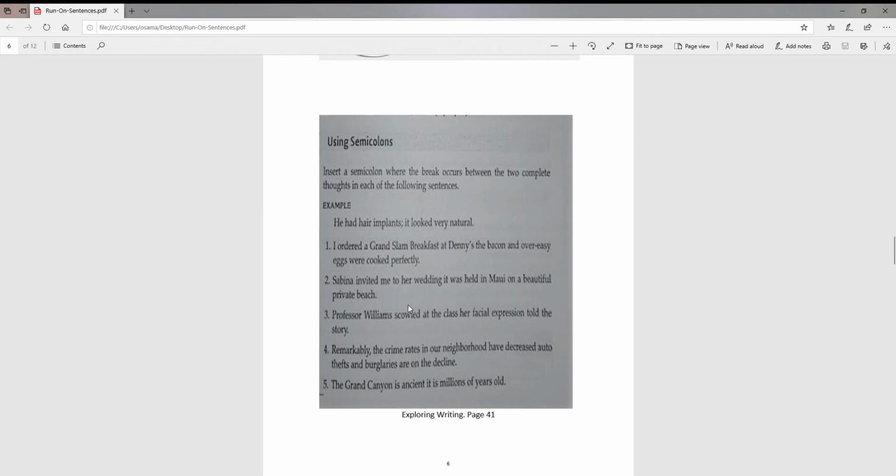You will read the sentences, and where it is possible, you are going to use the semicolon. If the sentences need correct punctuation, here we are going to use the semicolon and make compound sentences.